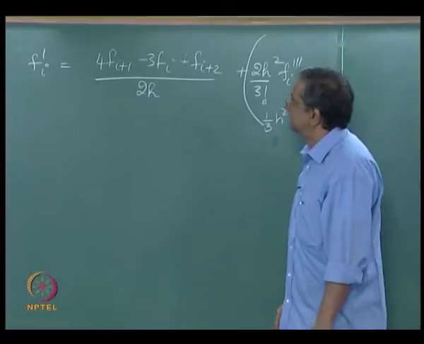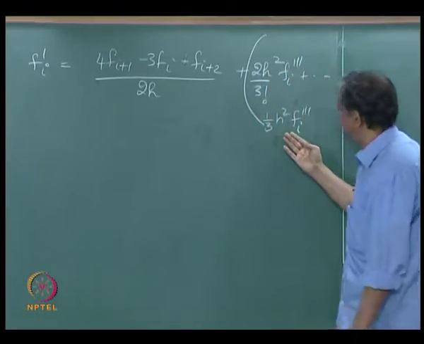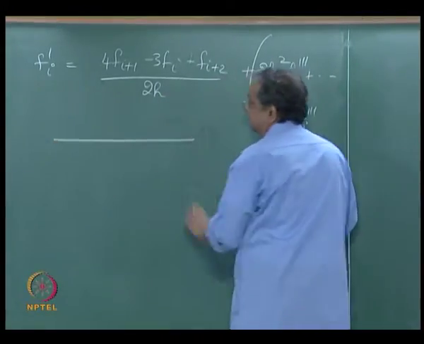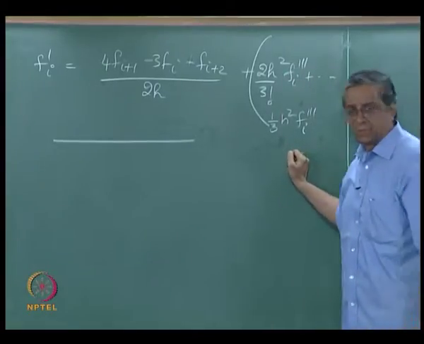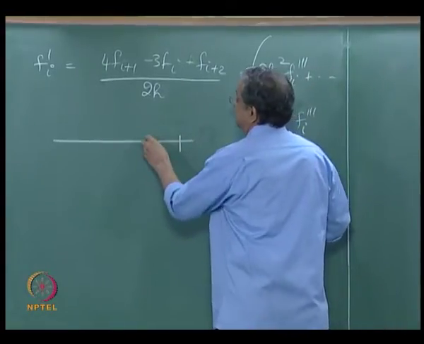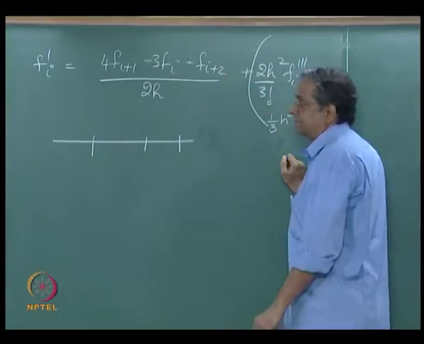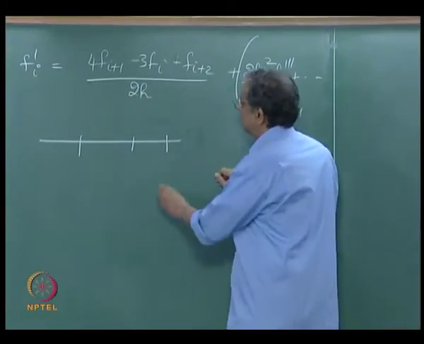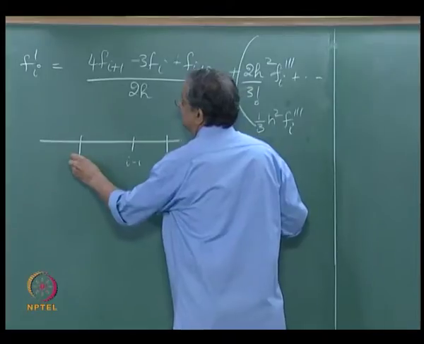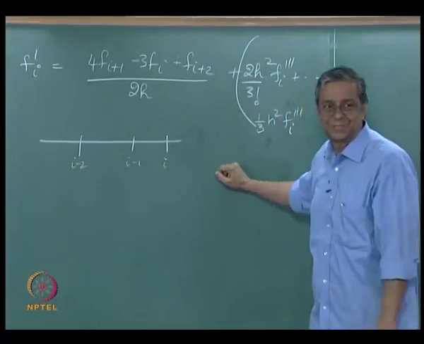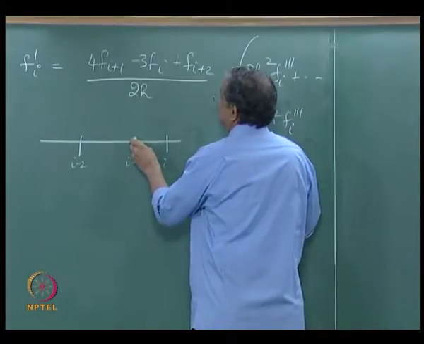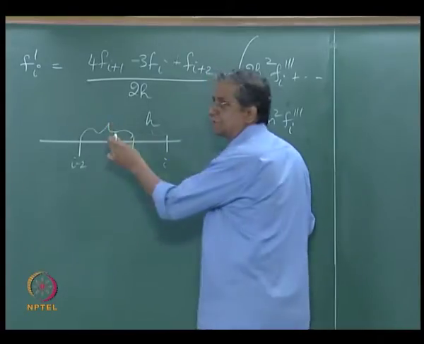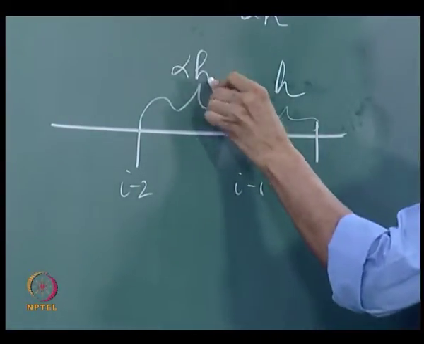Now what if they were unequal intervals? So we have these weights, we have seen this is very nice, we have the truncation error, but what if the intervals were unequal? And just for the fun of it, we can still do a comparison, but we will do I minus 1 and I minus 2, and in this case this length happens to be h, and to keep our algebra simple I will call this some alpha times h.